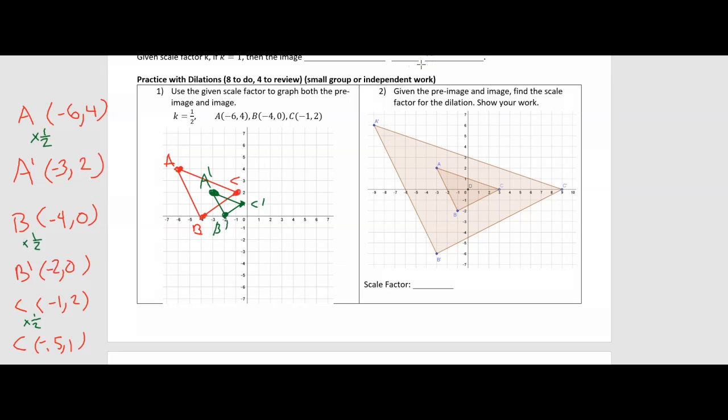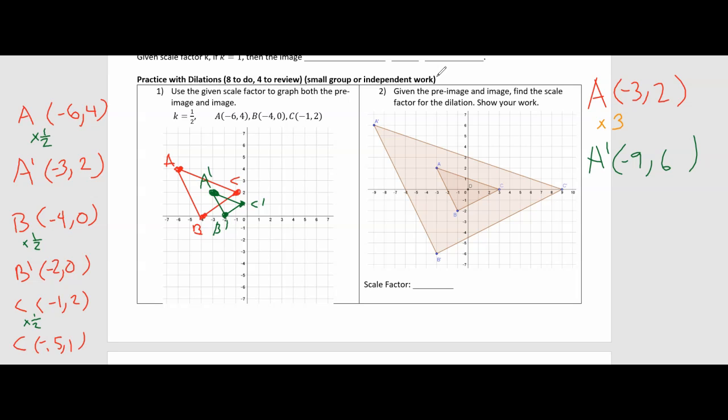So if I look at A, A is located at negative 3 comma 2, and A prime is located at negative 9 comma 6. So what does it look like I'm multiplying by to go from A to A prime? Well, I think it's pretty easy to see that we're multiplying by 3.